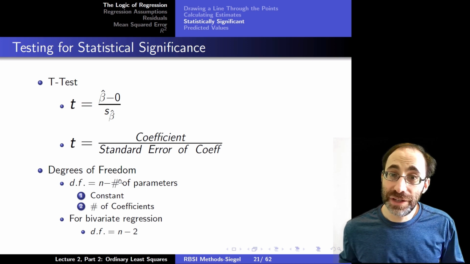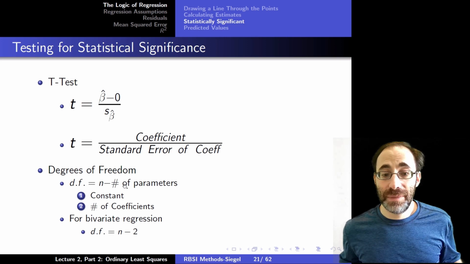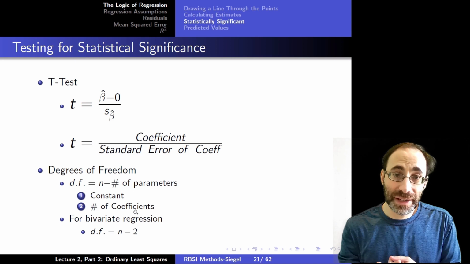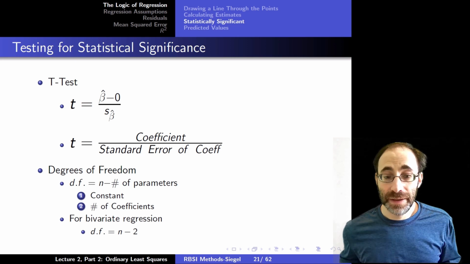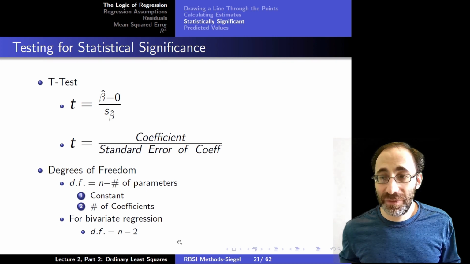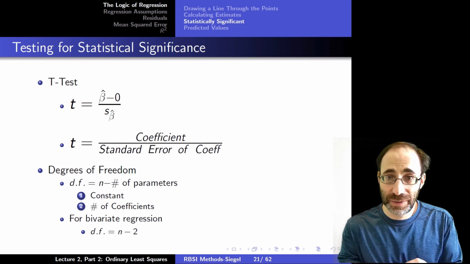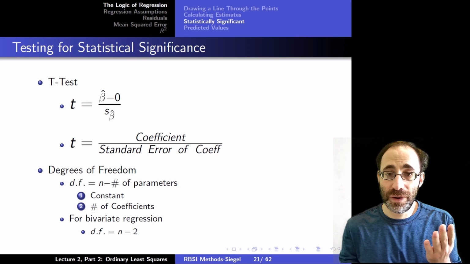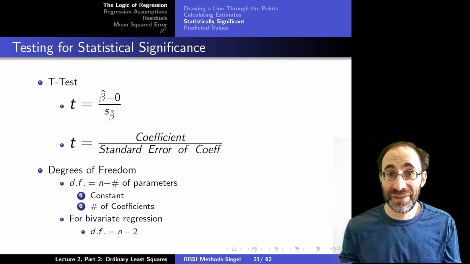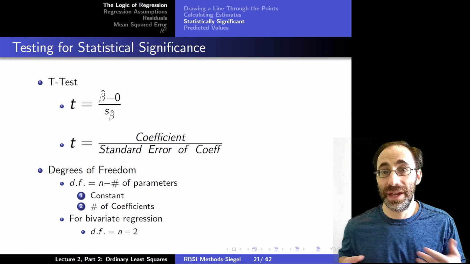So you had n minus 1 degrees of freedom. Now you have n minus the number of coefficients degrees of freedom. We have alpha and beta in this simple bivariate regression, so we have n minus 2 degrees of freedom. If we had x1, x2, x3, and x4, we'd have 4 plus the constant, so 5 coefficients, so it'd be n minus 5 degrees of freedom. That'll come up in the next lecture.